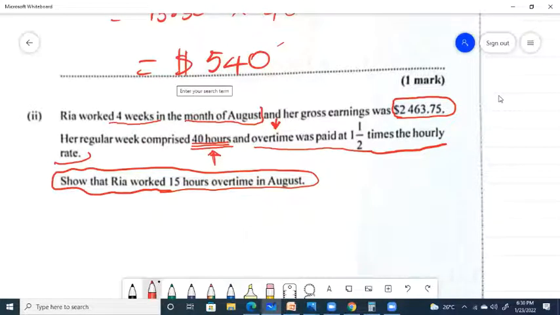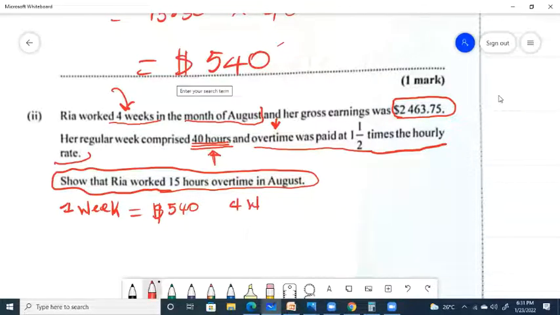Another thing also is that we're going to work out a regular week and then see how much money she made on overtime. Now, watch this. Now, let's start here. 1 week. So for 1 single week, she would have earned $540. We know that much. This question said that she worked for 4 weeks.